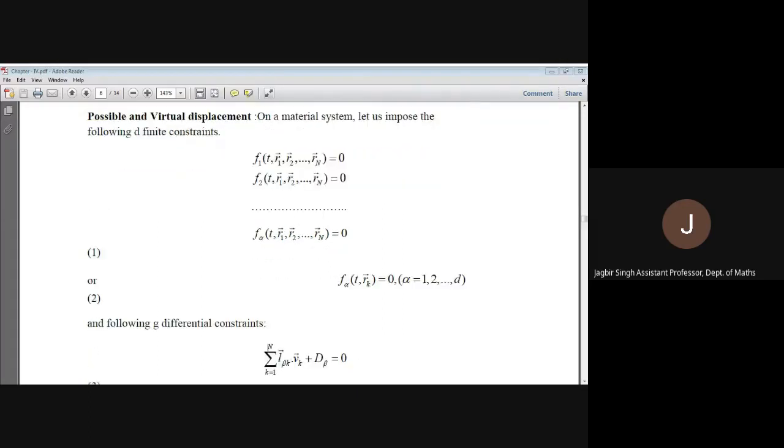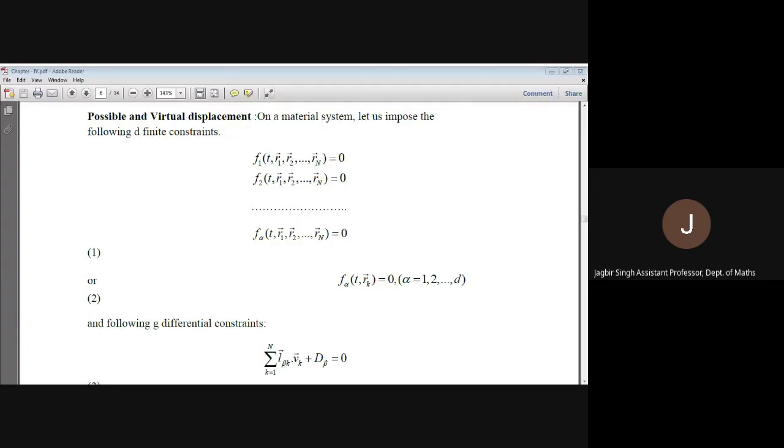After that, assume that differential constraints are also imposed. The number of differential constraints is g. So a collection of g constraints, those are differential constraints, are imposed: summation over k of L_βk v_k plus d_β equals 0, where beta varies from 1 to g.